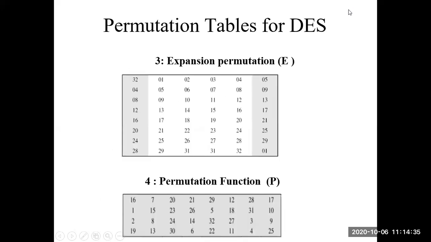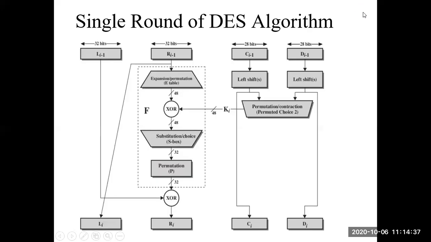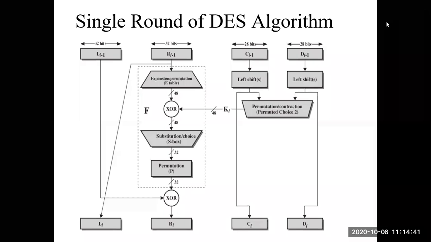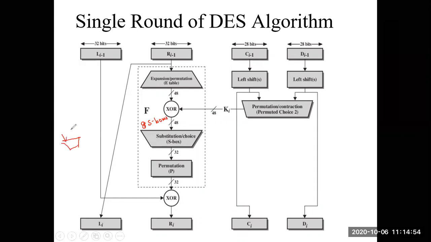Here, I'll have 8 S boxes. Each S box will take a 6-bit input, 6 eights are 48, right?